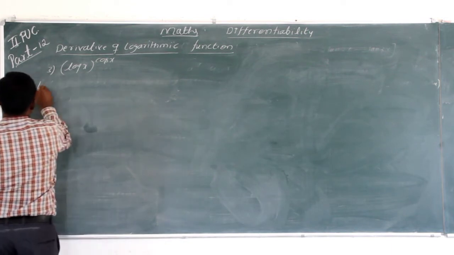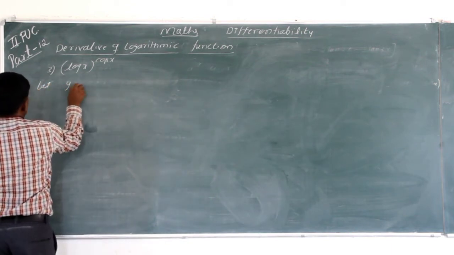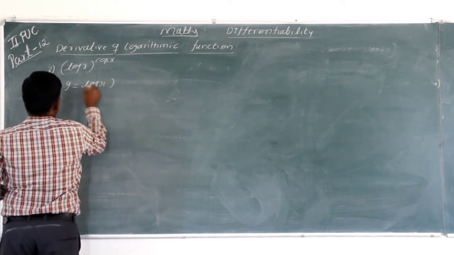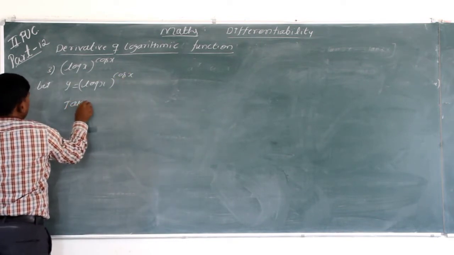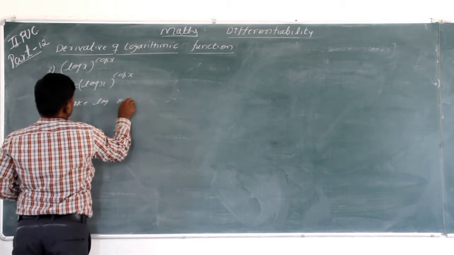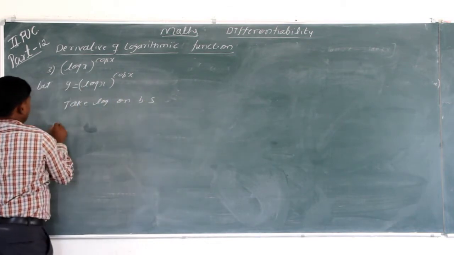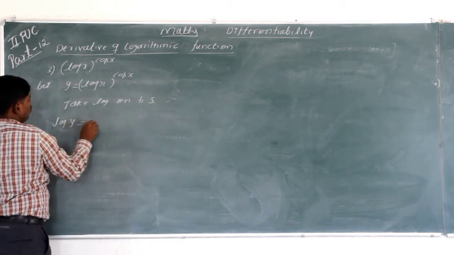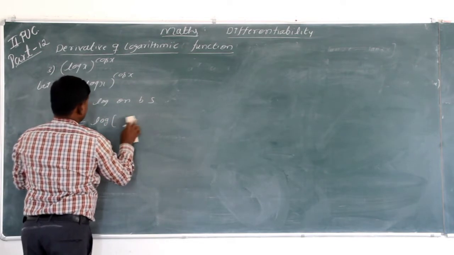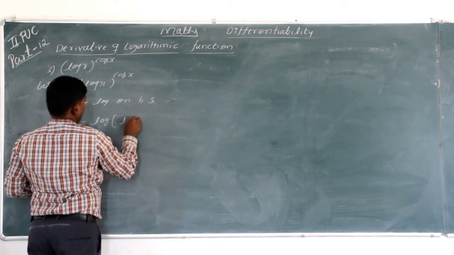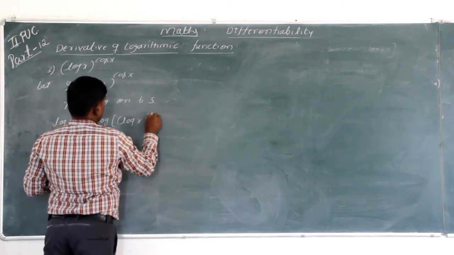Next problem. Let y is equal to log x to the power of cos x. Take log on both sides. Then we get log y is equal to log of log x to the power of cos x.